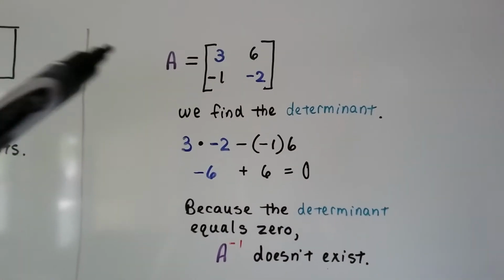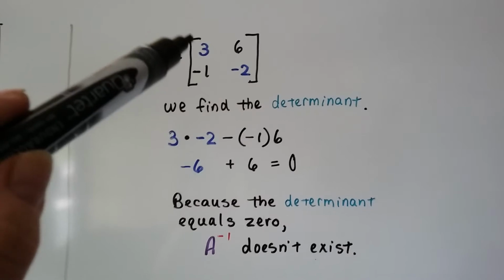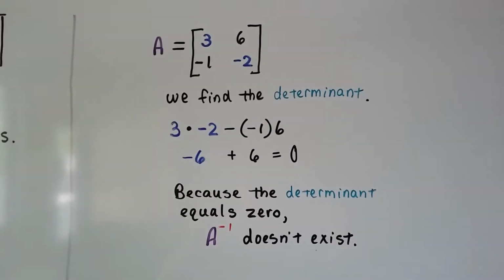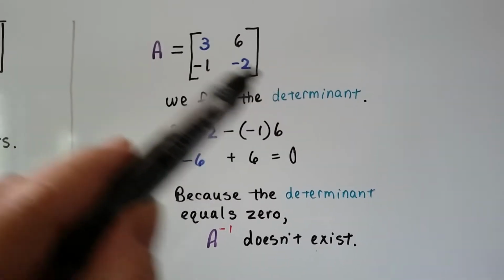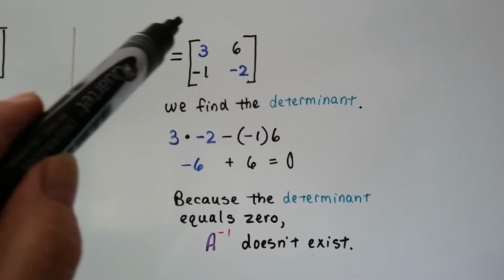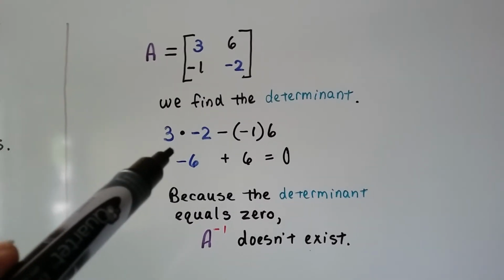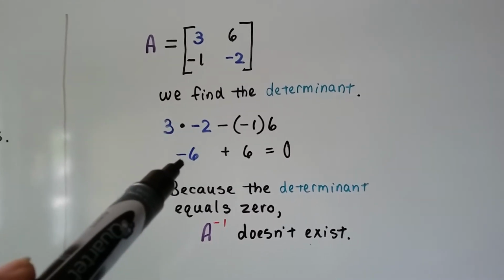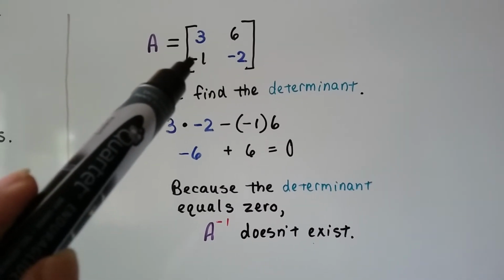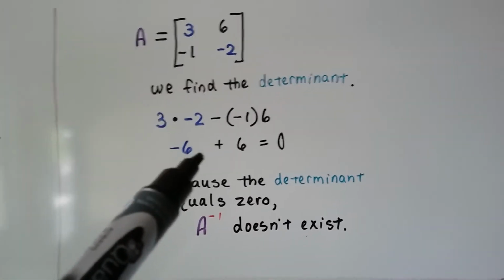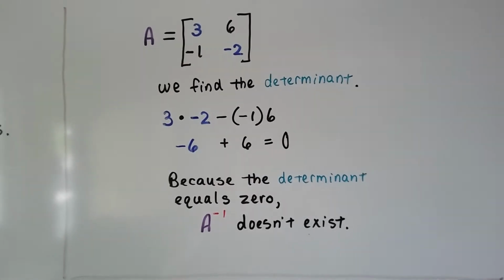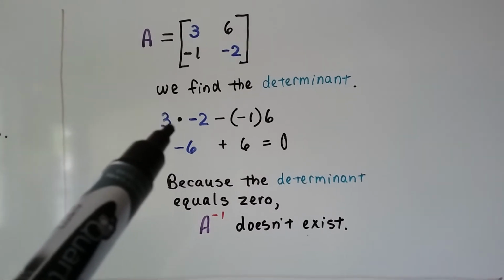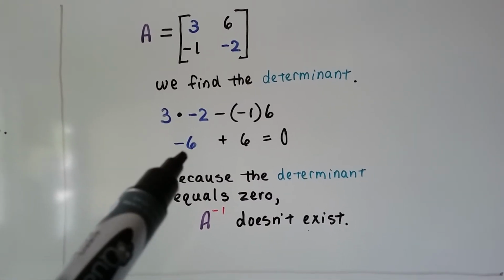Now check out this one. It says A equals 3, 6, -1, -2. When we go to find the determinant and we multiply down this main diagonal here, the 3 and the -2 gives us a -6. And then we do the -1 times 6, well, that gives us a -6.